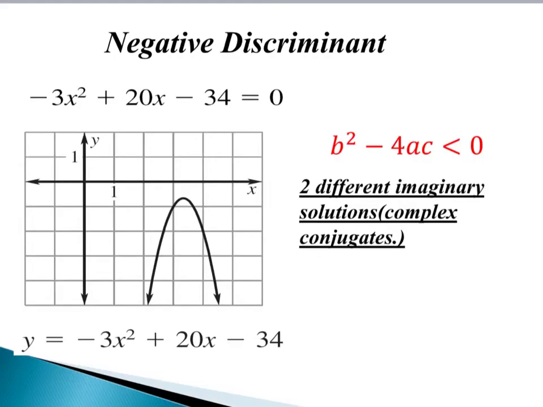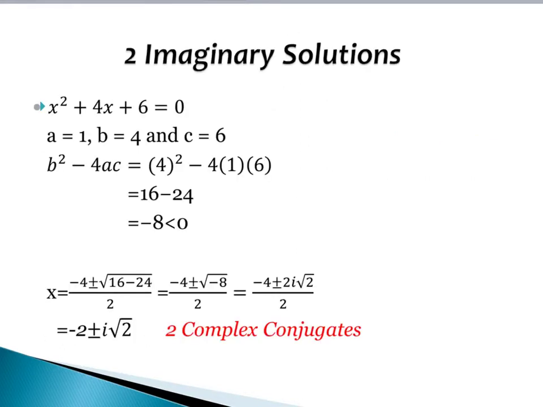And the last situation, b squared minus 4ac is less than 0, a negative number. That means a negative number under the square root. We're going to get two different imaginary solutions, complex conjugates. Let me show you an example. x squared plus 4x plus 6 equals 0, and the discriminant in this case is negative 8.